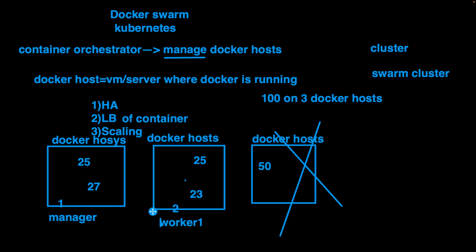You can have any number of worker nodes. You should have at least one manager node. The manager node is like a leader which will manage the entire cluster, taking care of all this high availability, load balancing, and scaling. So it's a simple architecture. I'll take VMs, I'll install Docker, they become Docker hosts, and we'll create a Swarm cluster. Setup is simple, Swarm is easy to learn. It's almost like Docker commands.